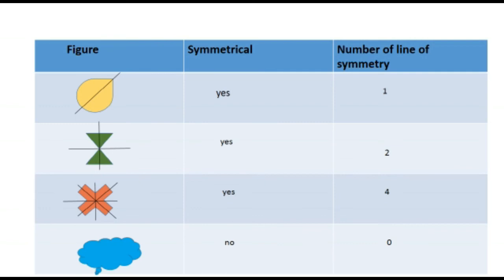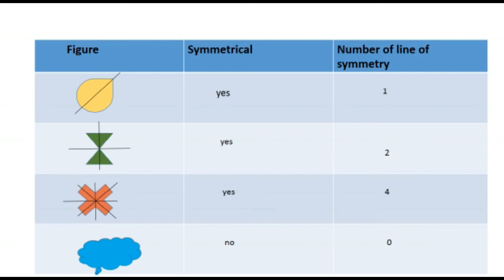It has only one line of symmetry. In the second figure, the figure contains two lines of symmetry. Yes, it is symmetrical along the vertical as well as the horizontal line of symmetry.